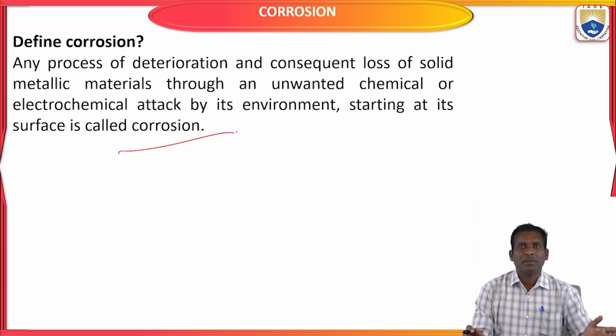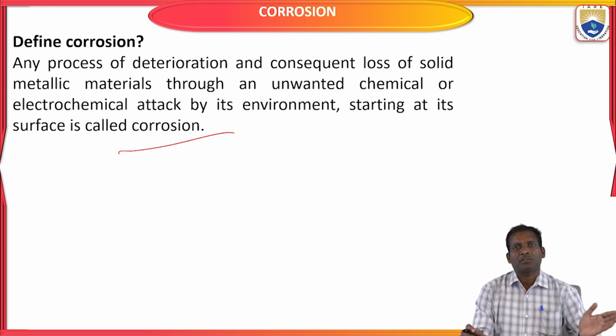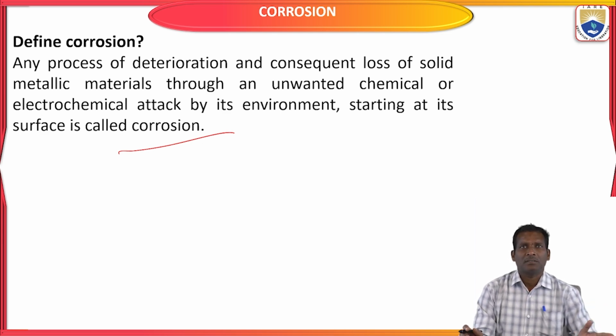So, it is a deterioration and consequent loss. Some material loss will happen, some amount of material removed from the solid surface. That is known as the unwanted chemical or electrochemical attack by its environment. This phenomenon is called corrosion.